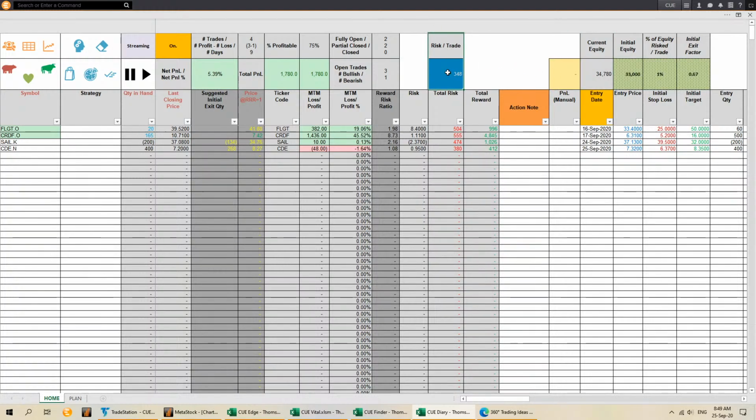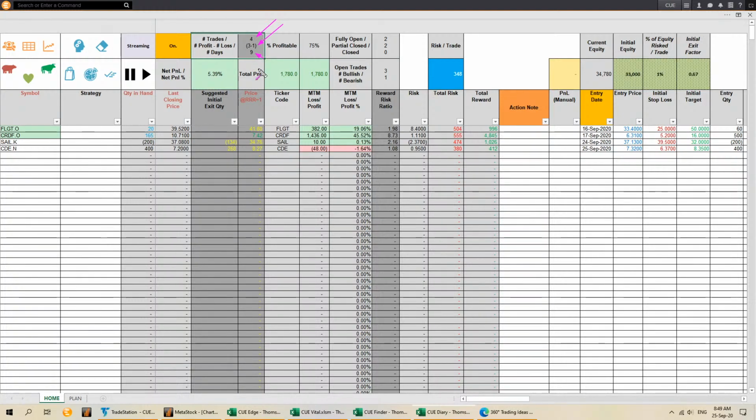The risk per trade is the risk that is allowed to take in each trade based on current equity and the percentage of amount risked in each trade. What are the other statistics? Here we are seeing how many total trades there are, how many are in profit, how many are in loss, and over how many days we have taken those trades.